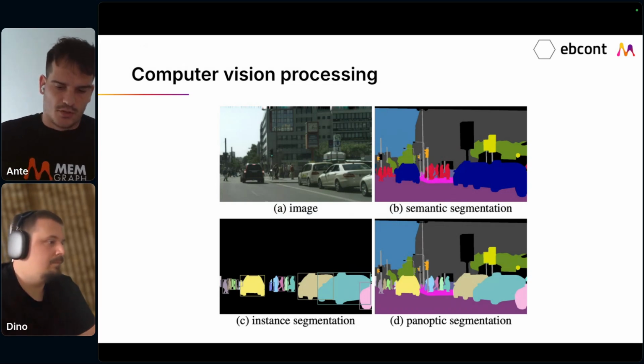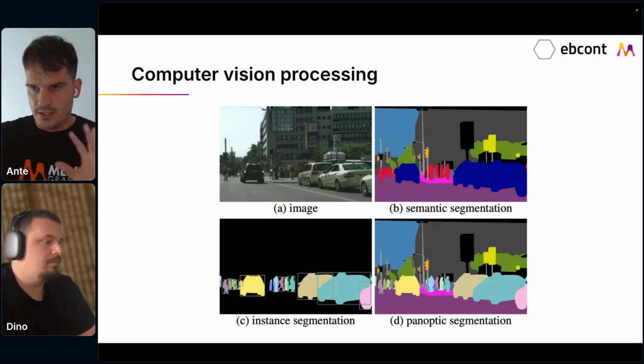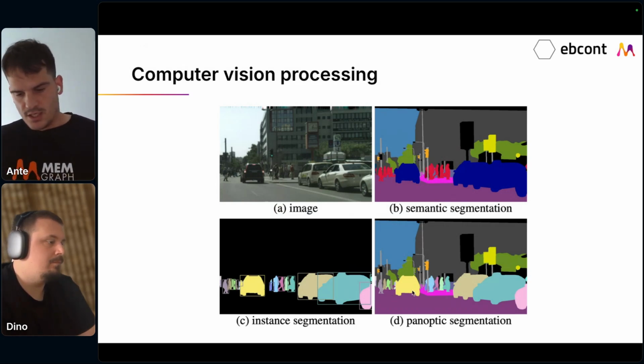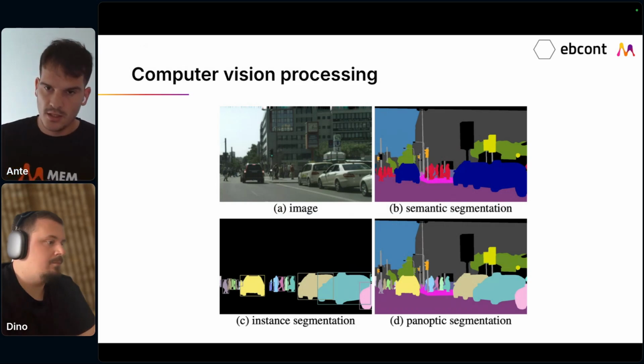Now the third part could be to mix it together into panoptic segmentation, which meshes these two things together, semantic segmentation and instance segmentation, and this gives you some kind of structured information about the image.